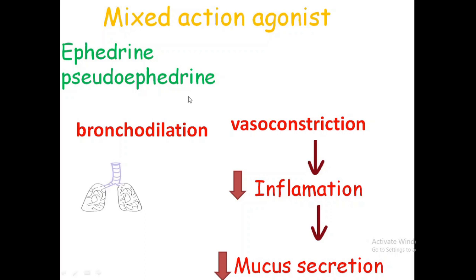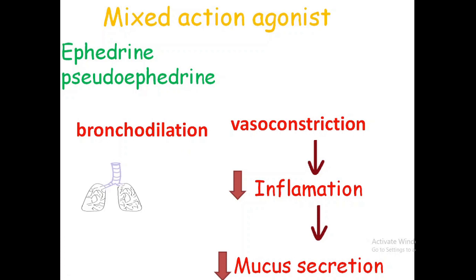Now, the primary effects of ephedrine and pseudoephedrine are vasoconstriction and bronchodilation. However, due to its side effects and availability of better drugs, ephedrine is rarely used in clinical practice. Pseudoephedrine, on the other hand, also causes vasoconstriction and relaxation of bronchial smooth muscles.